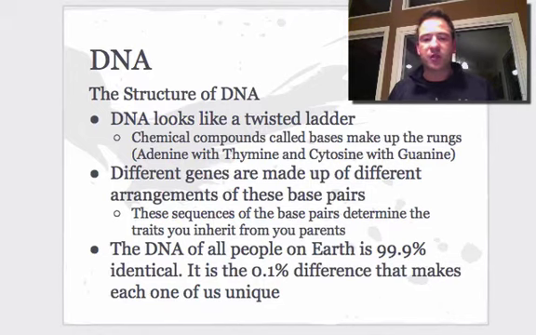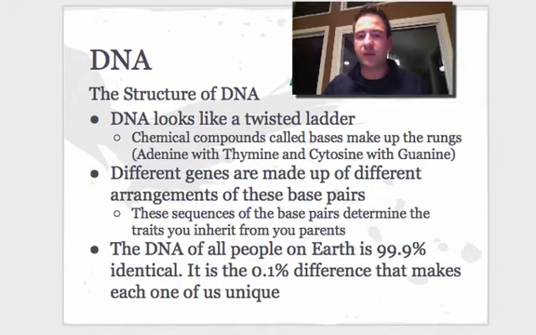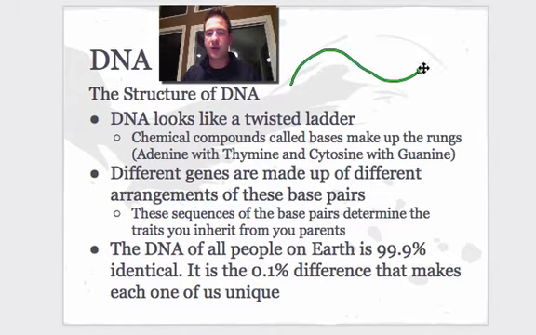So the structure of the DNA molecule, what does it look like? Well, hopefully you've seen DNA, but it kind of looks like a twisted ladder. I'm going to draw a completely awful one that looks like this, okay? But then it's going to move through this ladder. And in between we're going to have a series of rungs that are going to move through the spiral staircase, the double helix, the twisted ladder.